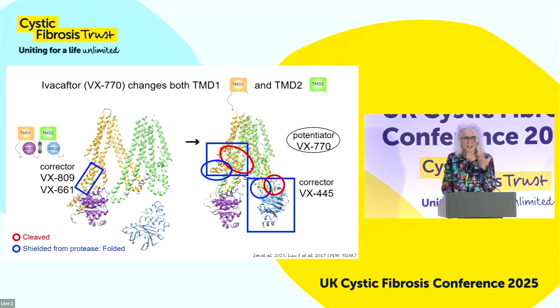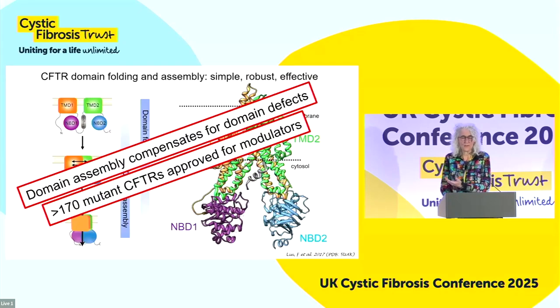Now think about what I told you so far. F508del is rescued by the modulators, and many other mutations are rescued by the modulators because it rescues domain assembly. Domain assembly is compensating for defects in the domains. So that's why so many of the CFTR variants, the CFTR disease-causing mutants, are rescued by these modulators.